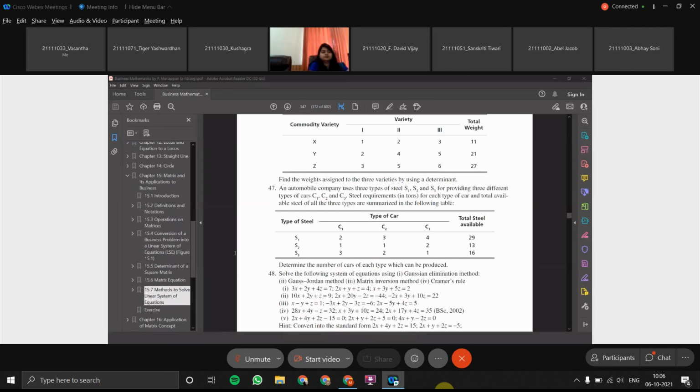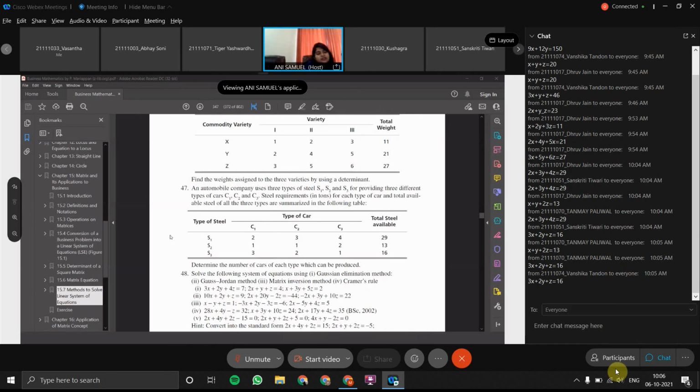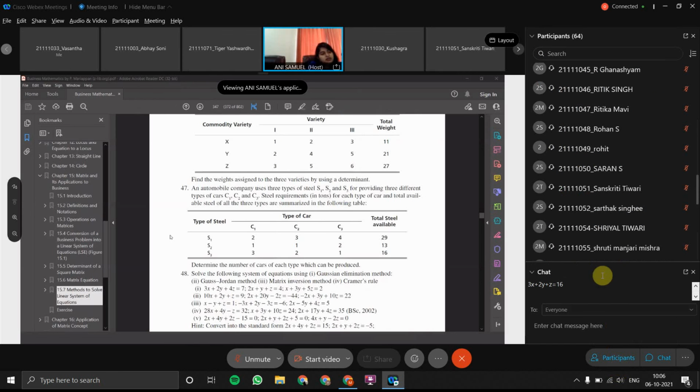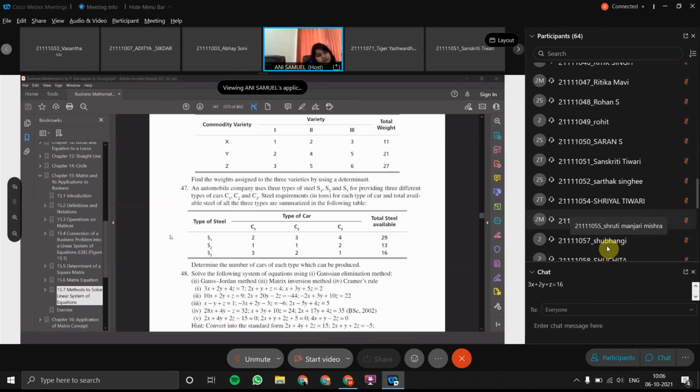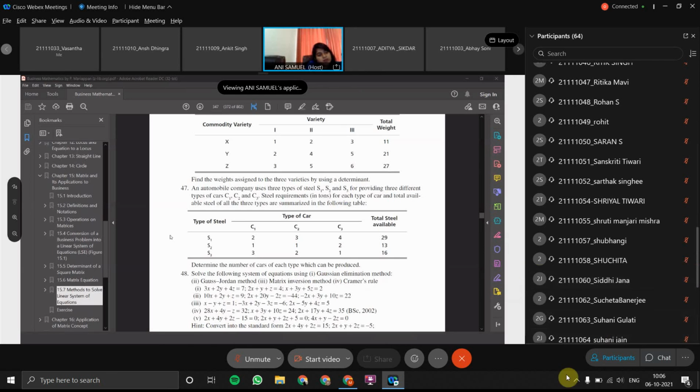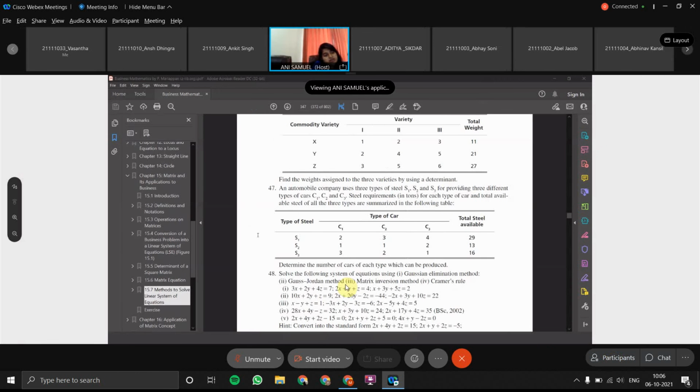Abel, present, ma'am. Abhay, present, ma'am. Abhinav, present, ma'am. Adarsh, present, ma'am. Aditya, present, ma'am. Ananya, present, ma'am. Ankit, present, ma'am. Ansh, present, ma'am. Apurva, present, ma'am. Arjun, present, ma'am.